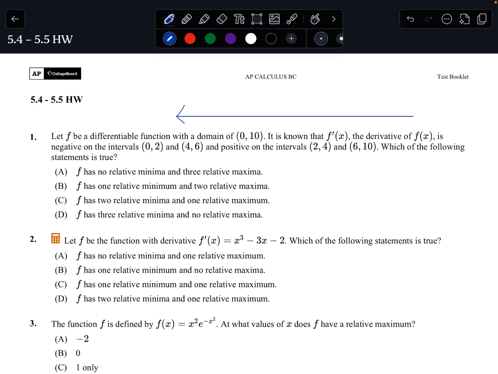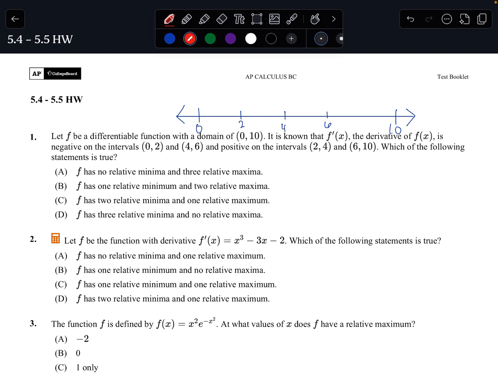And so right now, what I'm thinking about is a number line. f has the domain from 0 to 10, so I'm trying to think about what the domain of this function is. I know that it exists from 0 to 10, and it says that f prime is negative from 0 to 2 and from 4 to 6.